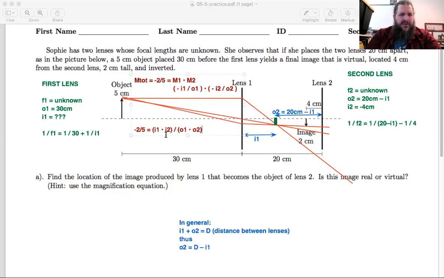And I think we know some of those. We know O1 is 30. We know I2 is negative 4. And we know O2 can be written as 20 minus I1. So that's now an equation that relates I2 and I1.